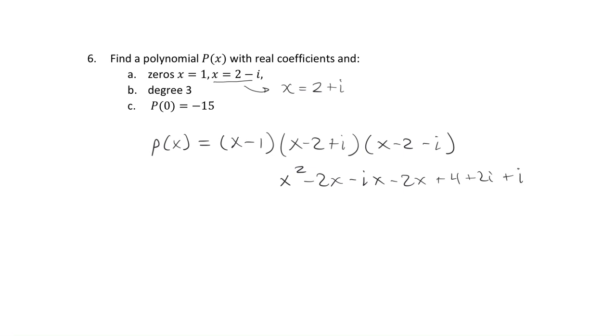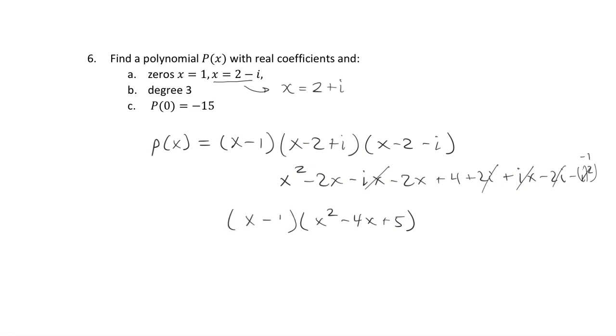That's plus ix minus 2i minus i squared. And now you have terms that cancel out. Remember i squared is negative 1. So that's minus negative 1, which is really a plus 1 combined with this plus 4. That'll give you a plus 5, and then the negative 2x and the negative 2x is negative 4x. So that turns into x squared minus 4x plus 5.